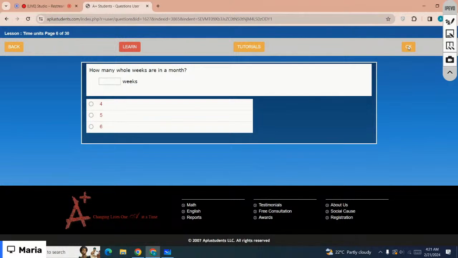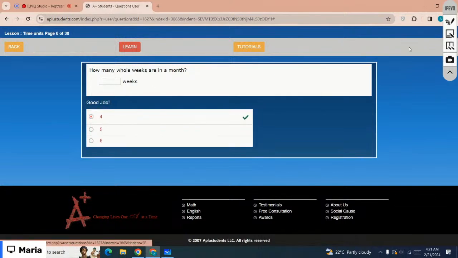Yes, the correct option, in 1 month you have 4 whole weeks. The correct option is 4.